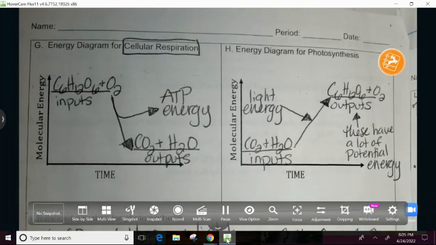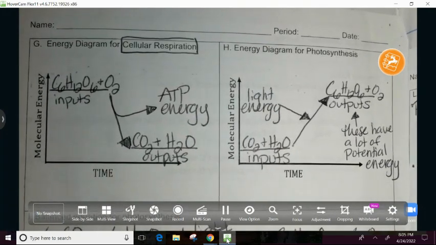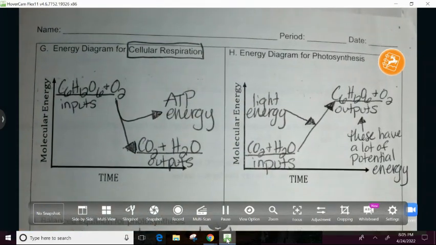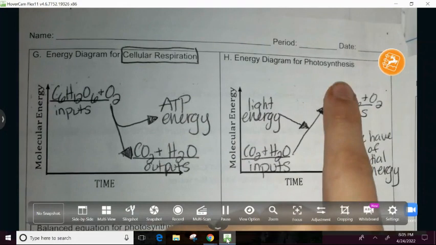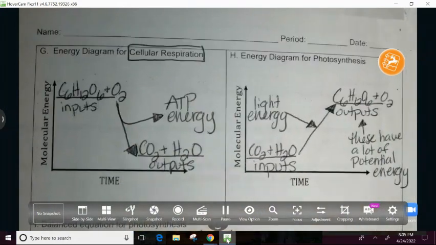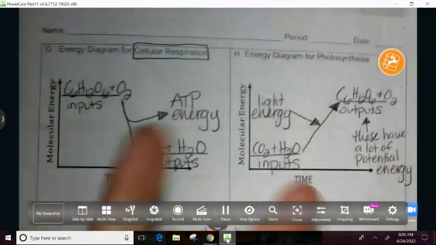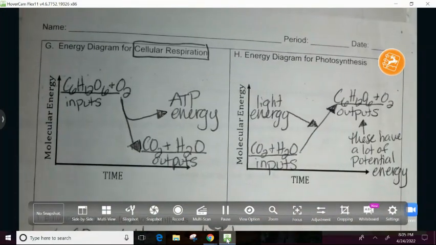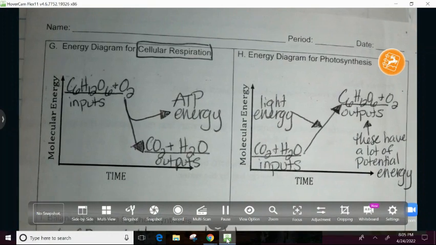This is not in our book, this is an old book, but here we have the energy diagram for cellular respiration, and it's just what I went through. And if you look, this one is the energy diagram for photosynthesis. It's just the opposite. It's like flipping it the other way. So we're going to write down this one and then the balanced chemical equation.